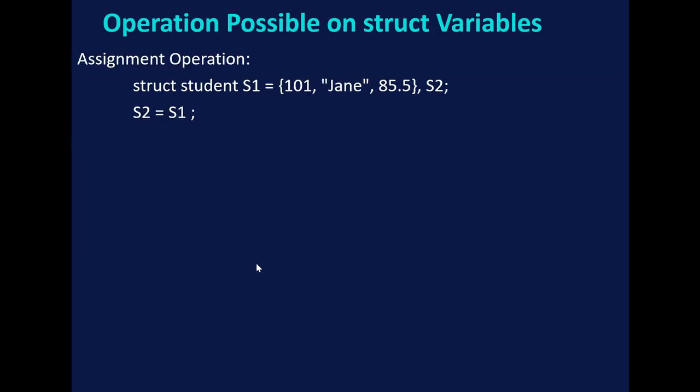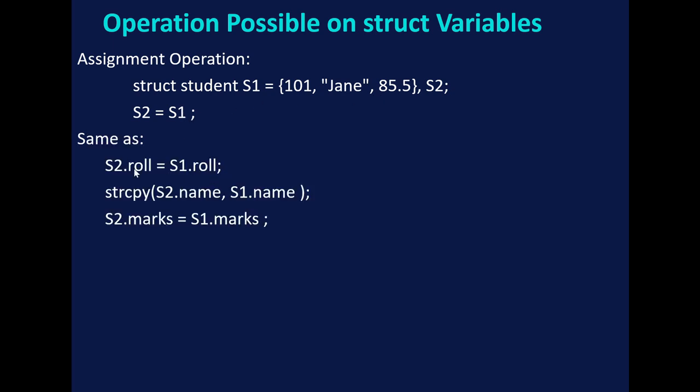The operations that are possible on a structure: assignment is the only operation possible on a structure. So if I have a structure variable s1 assigned with some values, and I have a different variable s2 assigned with s1, it will allow s2's members, roll number, name and marks, to take exactly the same values of s1, which is same as independently assigning the values of the members.